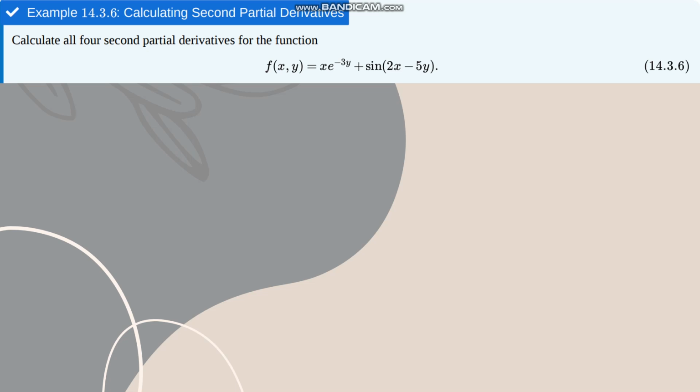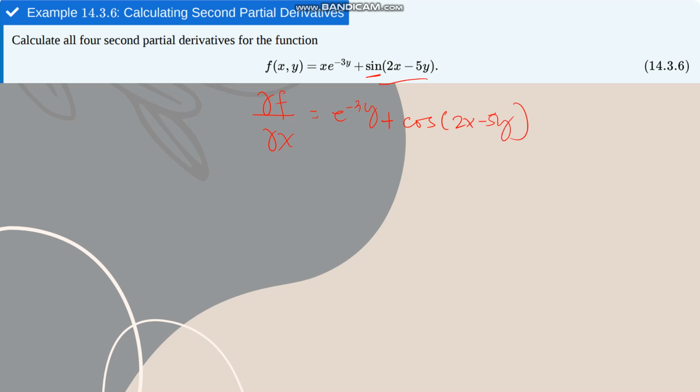Let's get the second partial derivative lang sa ato ang function with respect to x. We will have, ang first ano niya is e raised to negative 3y plus, derivative ni sine is cosine, 2x minus 5y.